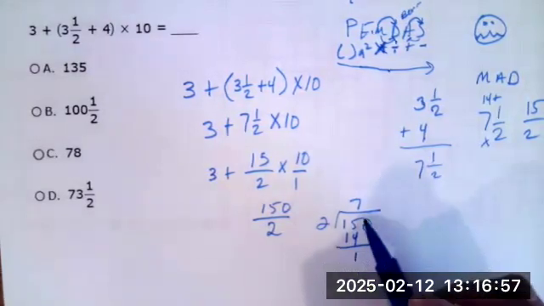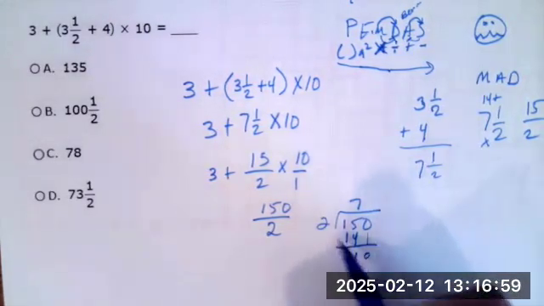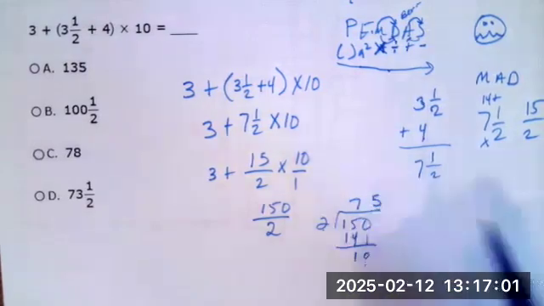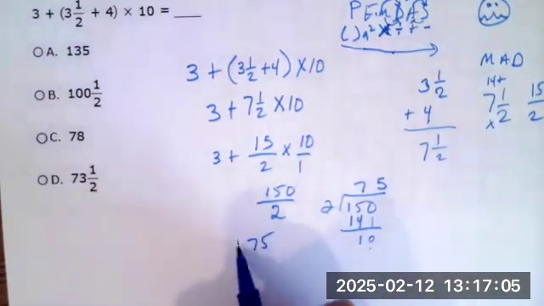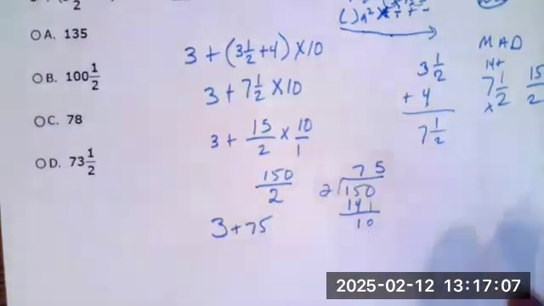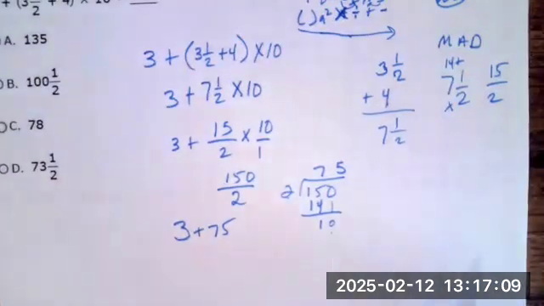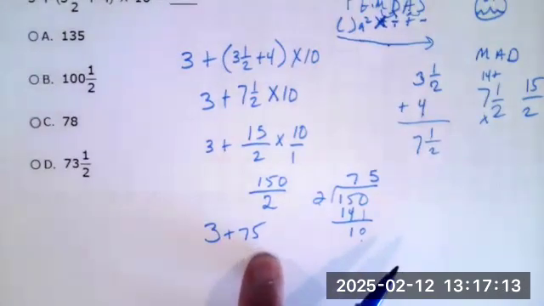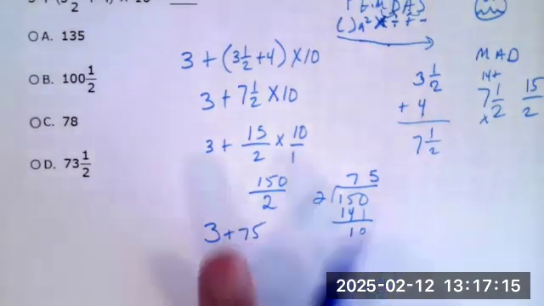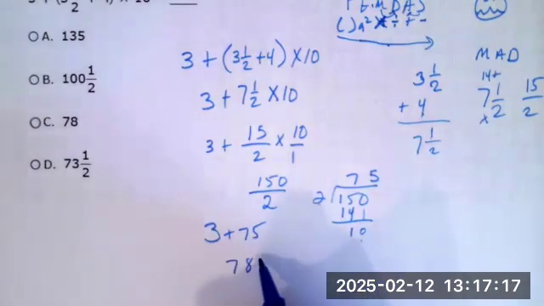And then I put my 1, I bring down the 0, 2 goes into 10, 5 times, so 75. So 150 over 2 is actually 75. And then sometimes it does feel like that. Doesn't it feel like all this math that we're doing, sometimes you just get it wrong? Okay, and then 75 plus 3/4 is 75 and 3/4.